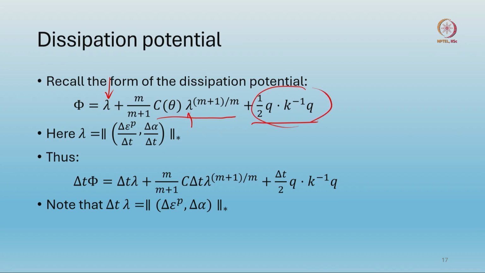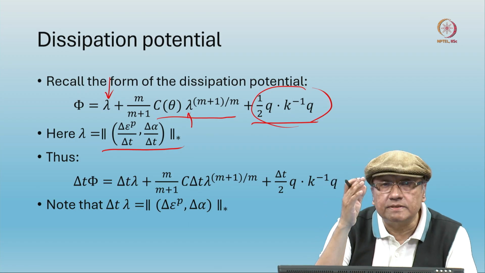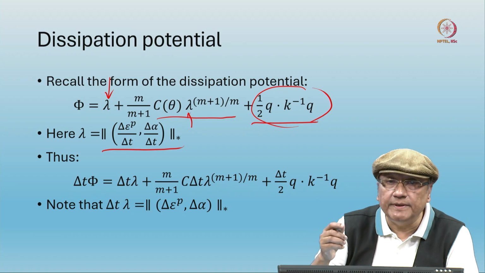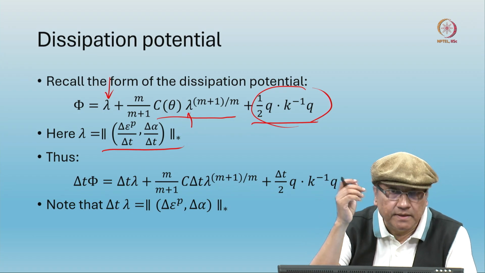Now, let us come to the details of how to define this lambda. This is the rate independent part of phi. You recall that in the context of standard plasticity, lambda is related to epsilon p dot's norm.